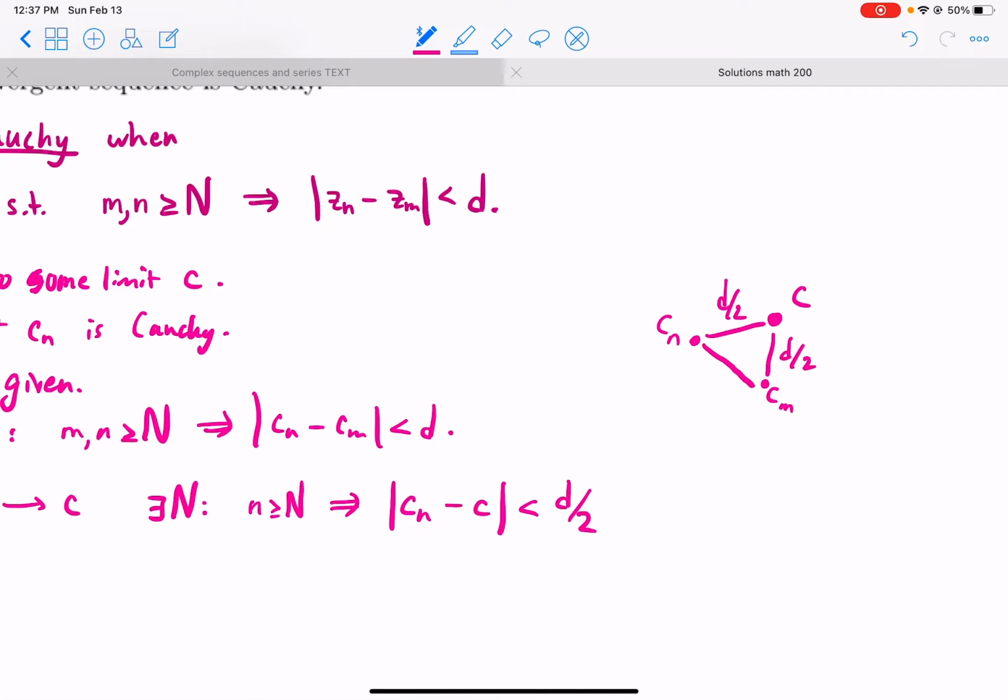This distance then, is that going to be less than d? Well, yeah, I think so, because if these are both less than d over 2 away, maybe I better make them smaller.